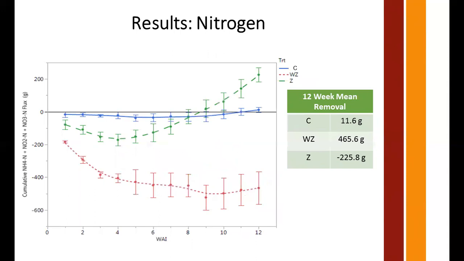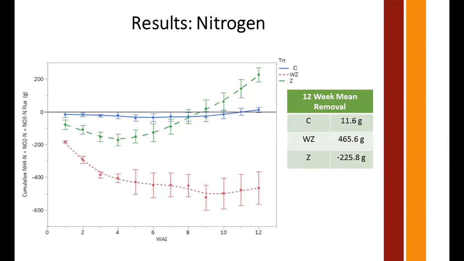You see there's no significant cumulative removal for the control treatment. The woodchip zeolite treatment did remove 465 grams of nitrogen. And then the zeolite treatment actually had an increase in nitrogen.